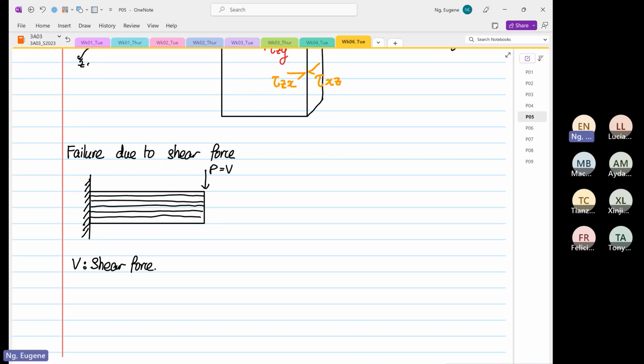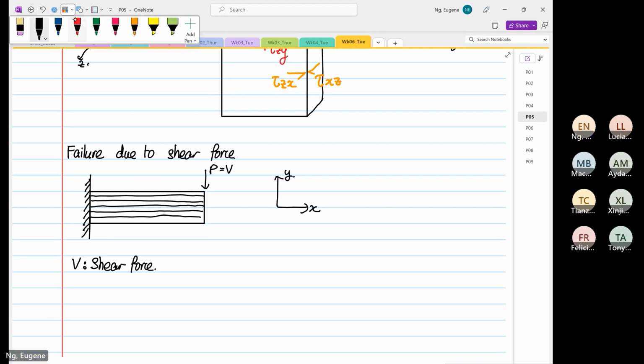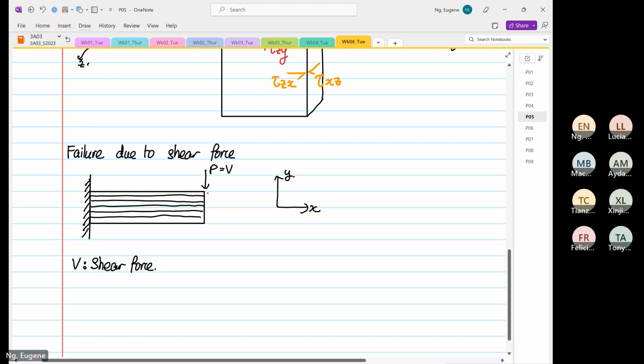And if I were to draw our transformation, this is X and this is Y, right? The shear force or the shear stress will be pushing this down here. So I'll use a different color. Right? So you know that this is shear, right?